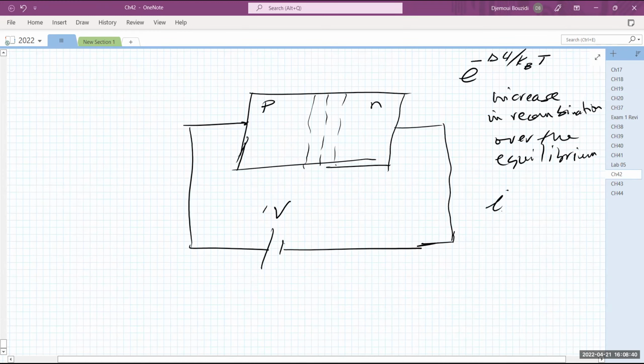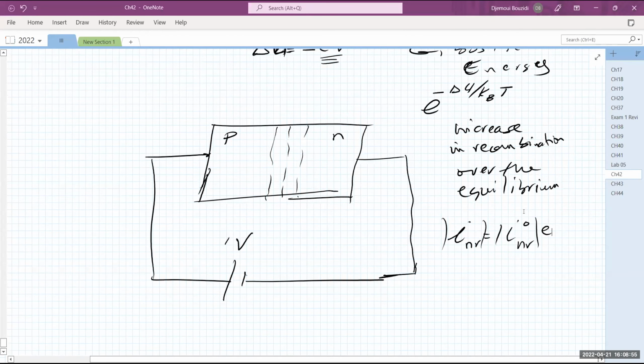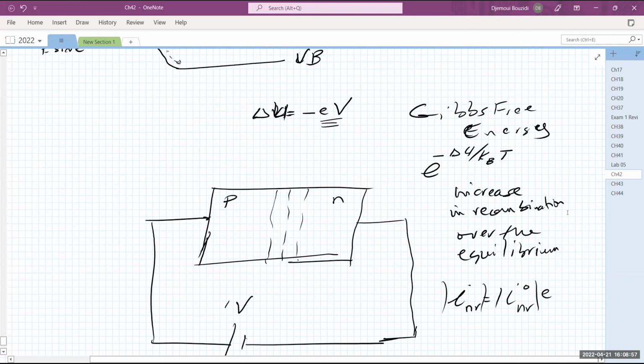So the actual recombination now for the charges is going to be the old one, taking them in absolute value because at the end I'm going to add them up, times this exponential factor of negative delta U over k_B T. But negative times negative is going to be positive, so it's going to be eV over k_B T. So this is the rate with which these electrons are going to be enhancedly moving this way.